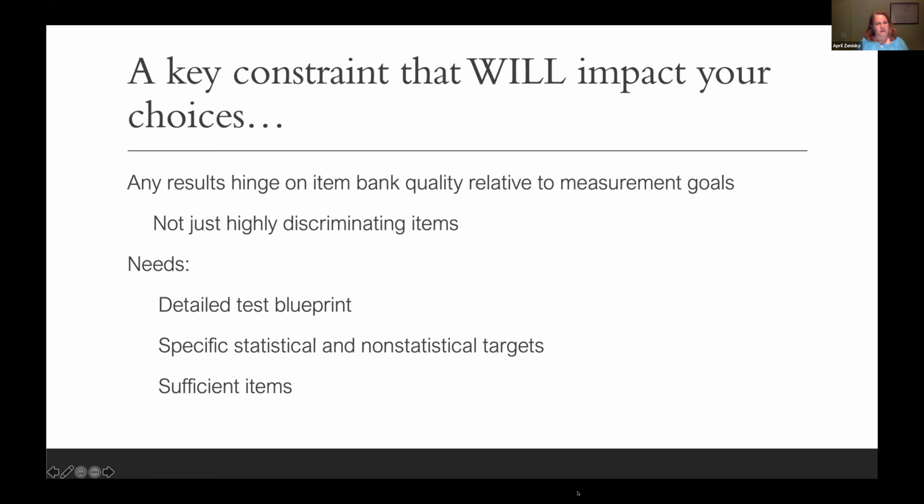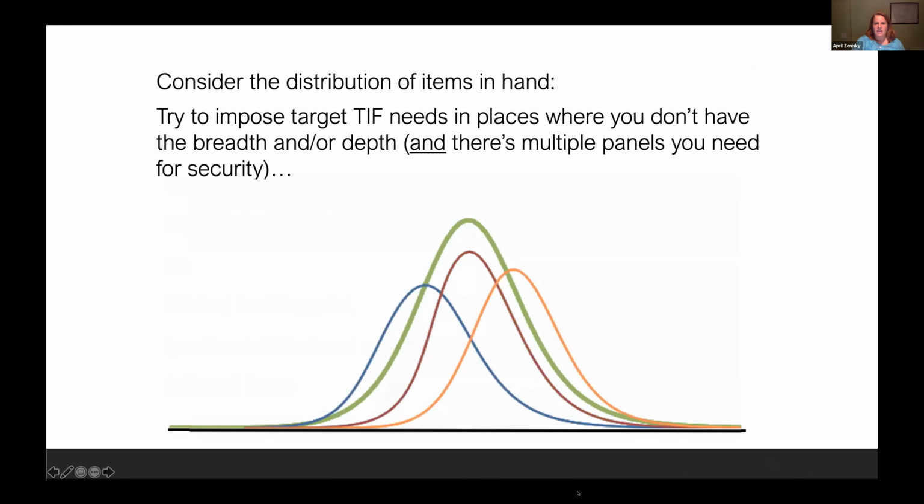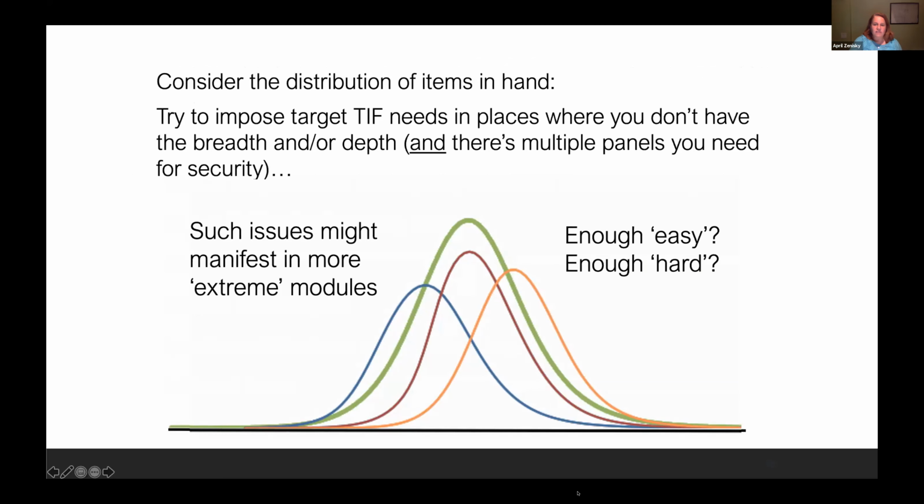It depends on how many people you have and what your security requirements are, but you can do this. So you've got to think about the items that you have and put your target TIFs in places where you need the breadth and depth. Do you have enough easy items? Do you have enough hard items to support your builds so that you can make the modules where you need them in whatever design you're planning to implement?